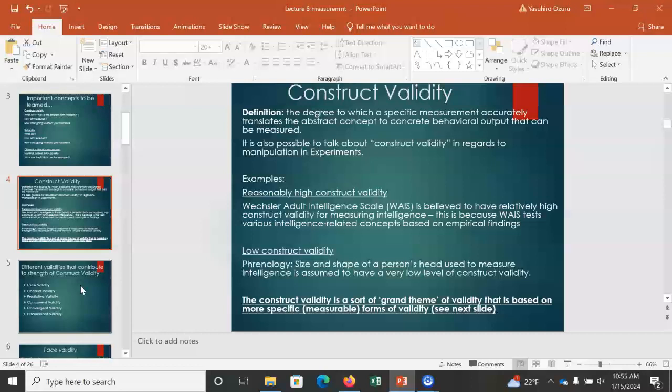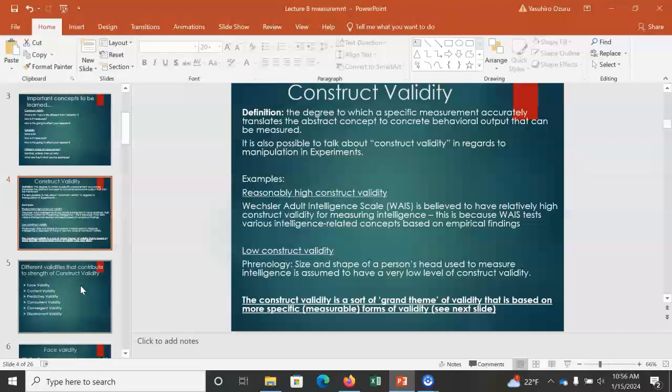This is because WAIS tests various intelligence-related concepts based on empirical findings, and it's related to many different kinds of performances that are supposed to be related to intelligence. On the other hand, phrenology, like the size and shape of people's heads, has a low construct validity because it's not measuring what it's supposed to measure, which is intelligence.